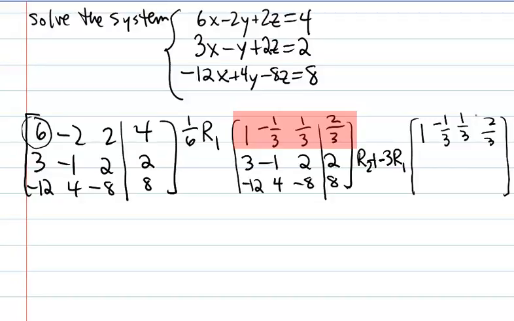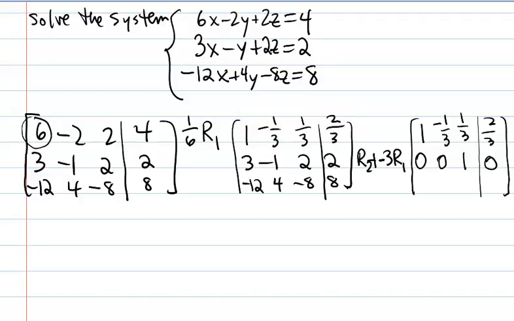Okay, -3 times 1 plus 3. -3 times a third, that's -1 and +1, gives me a 0 in that spot. -3 times a third, that's -1 plus 2 is 1. And -3 times 2/3, that's -2 plus +2.